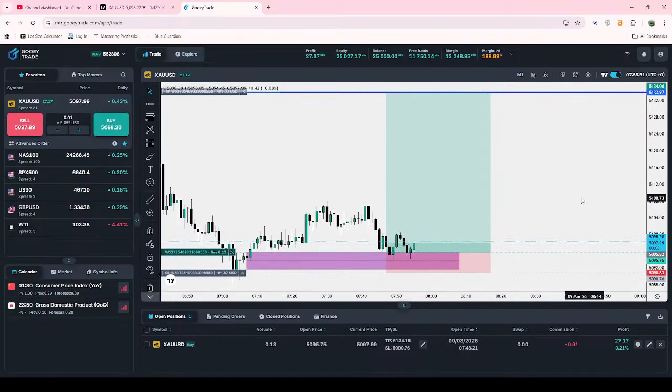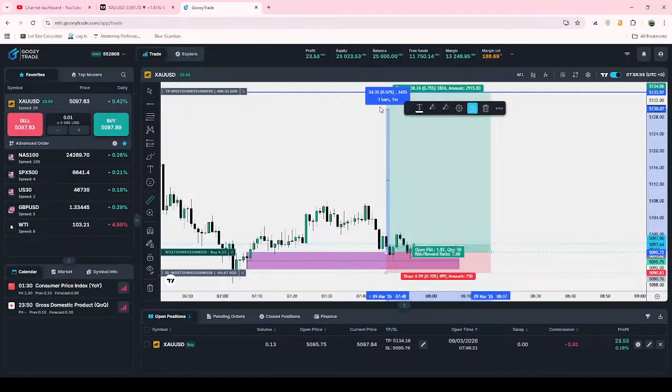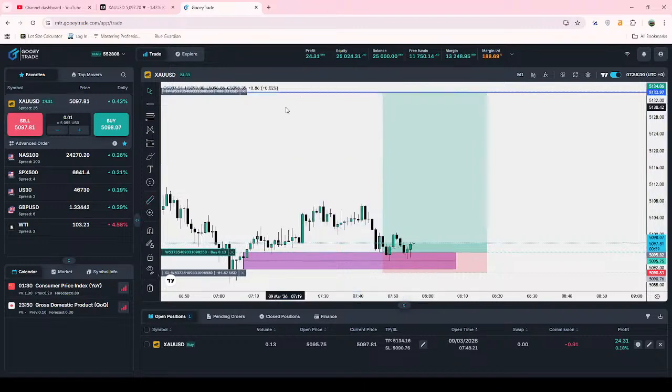So how much are we aiming for? Let's see our pips. We are aiming for 380 pips.